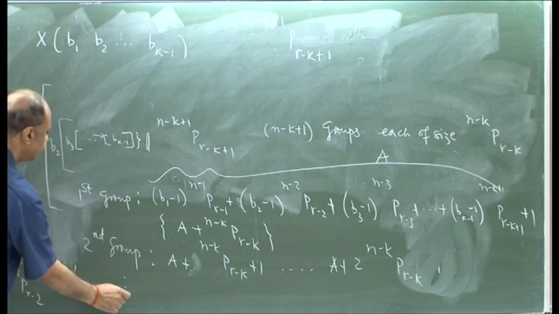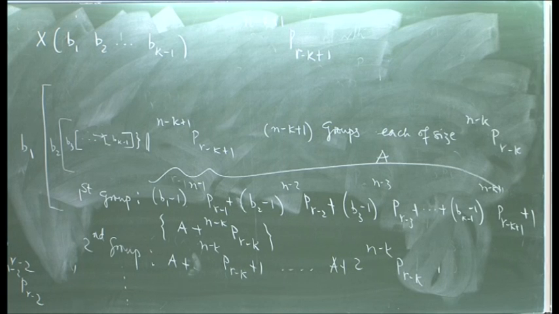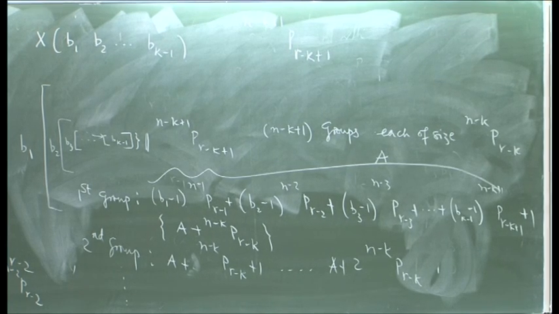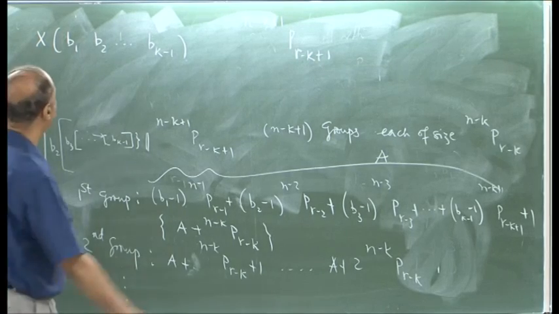And similarly is the case with the n minus k plus 1 groups. So I know now the starting index and an index. I have divided into n minus k plus 1 groups. So I get the big kth group.